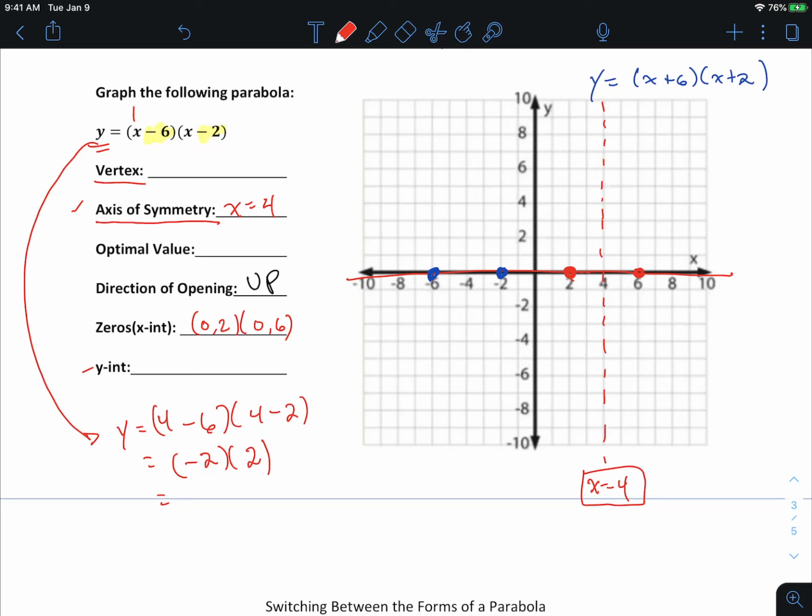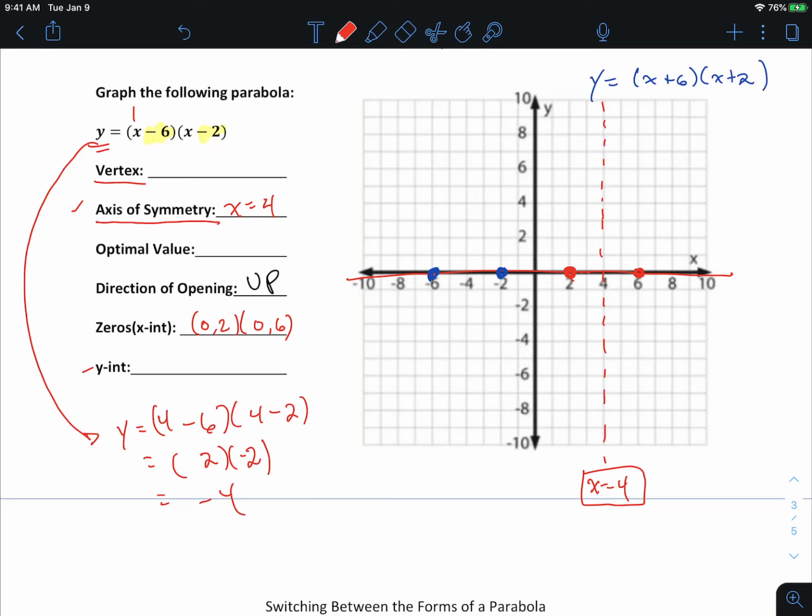Because remember we said if you multiply two numbers and one of them is negative, the negative dominates. It doesn't matter the order. Multiplication doesn't matter. You get the same answer, and if you type that in, you're going to get -4 regardless.